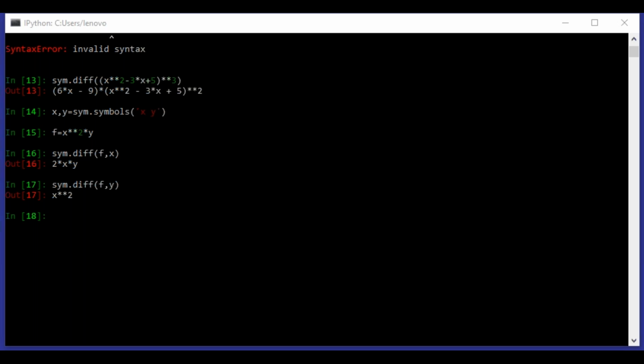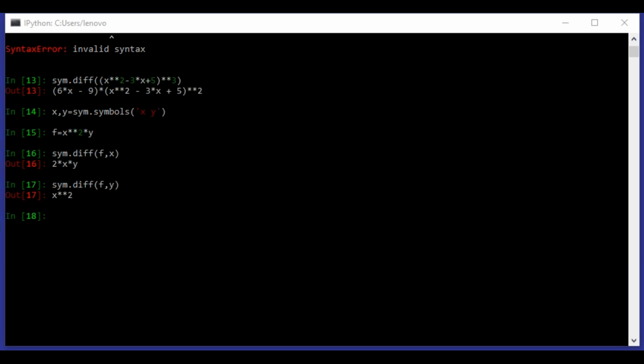If you find the differential with respect to x, that is dou x of our function x squared y z raised to 5, we keep the other variables y and z as constants.